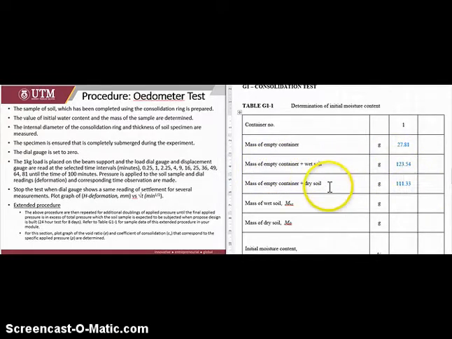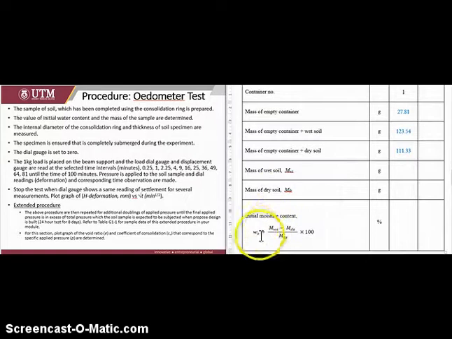And after 24 hours, you measure the dry soil, so at the end of the process you can get the initial moisture content.